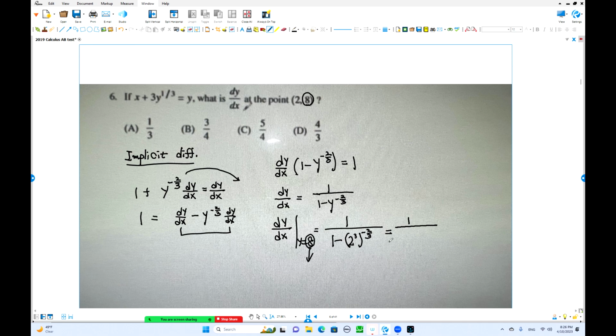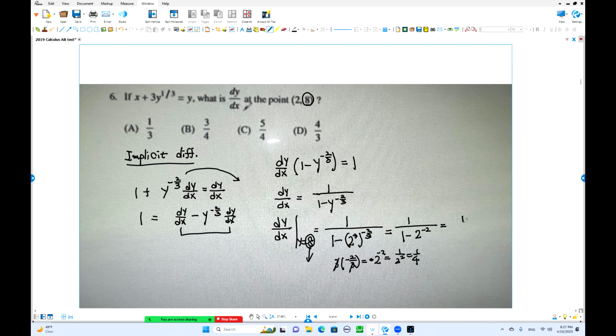So 1 over 2 to the 3 times negative 2/3, the 3 is out. 3 times negative 2/3, it's going to be negative 2. So 2 to the negative 2, which is 1 over 2 squared, which is going to be 1/4.